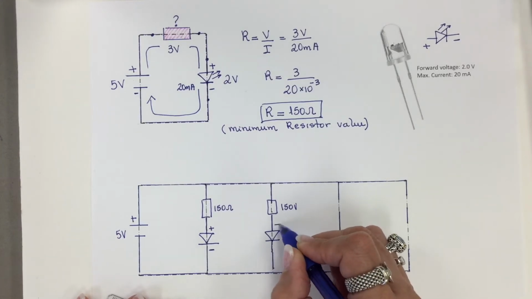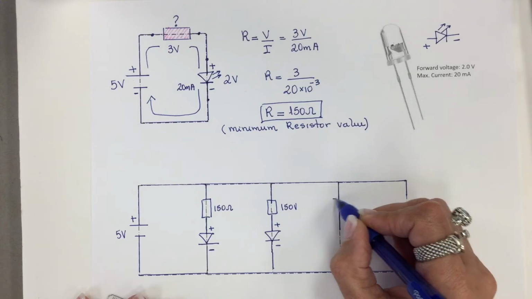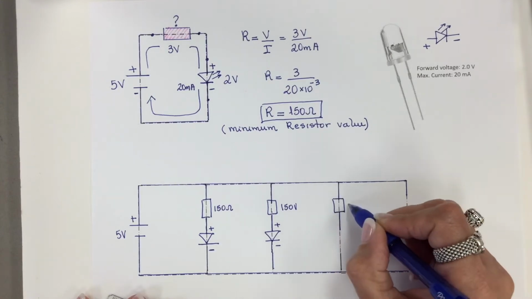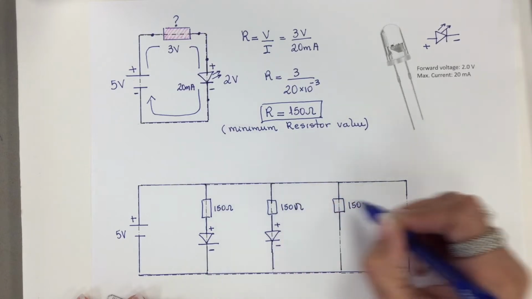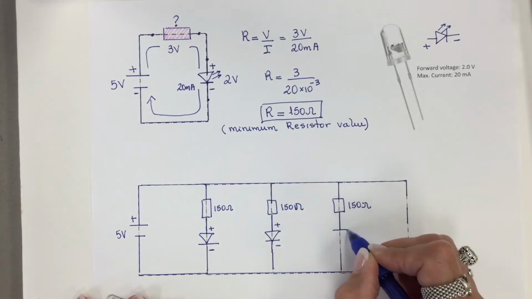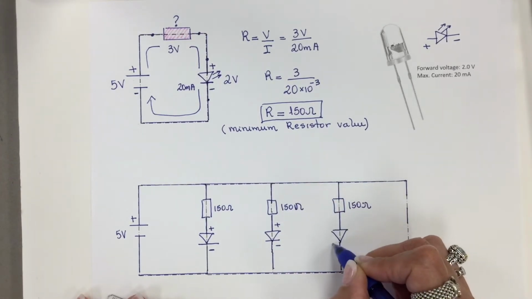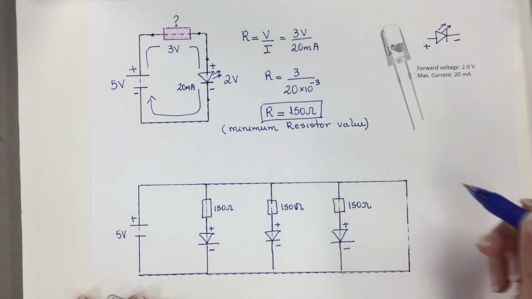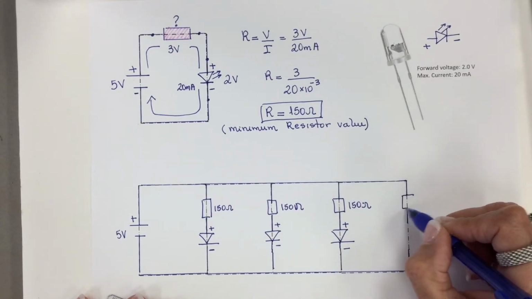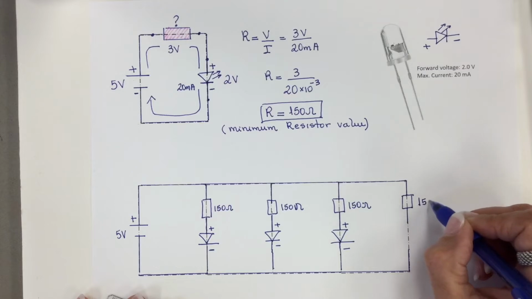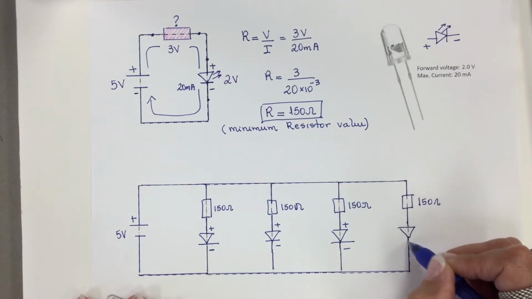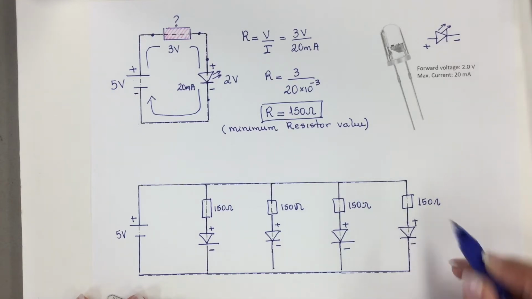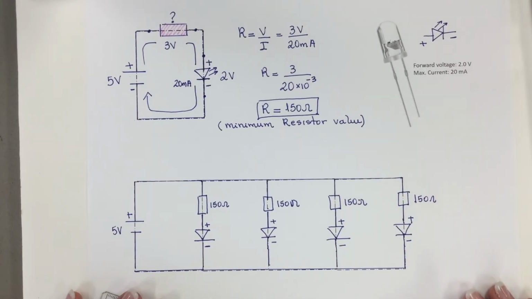So now I have positive and negative, and I'm going to have right here 150 ohms, and my LED, negative, positive, and another one, 150 ohms, and negative and positive. So let's see what I get.